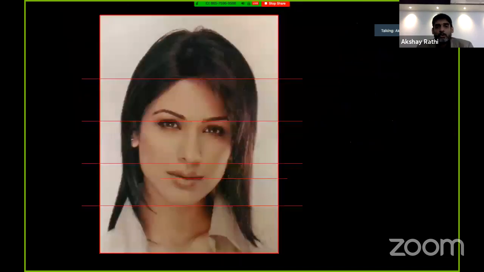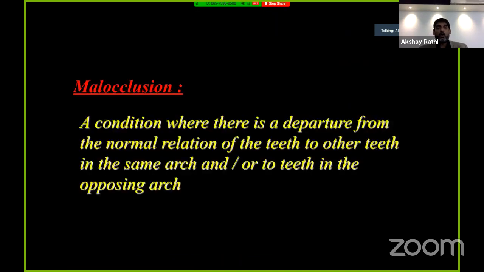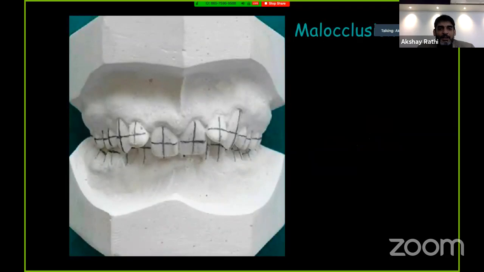We look into the vertical and various components of the normality. Now, whenever there is a departure from the normality, it constitutes a malocclusion. So here is a picture of malocclusion. But is it just that all malocclusions look like this? No, each malocclusion is different.